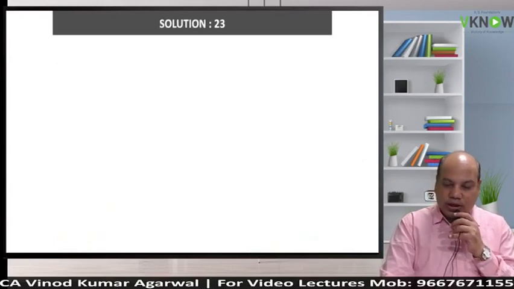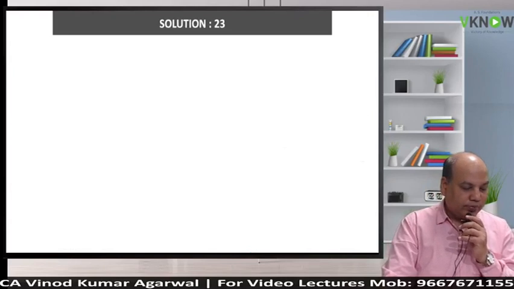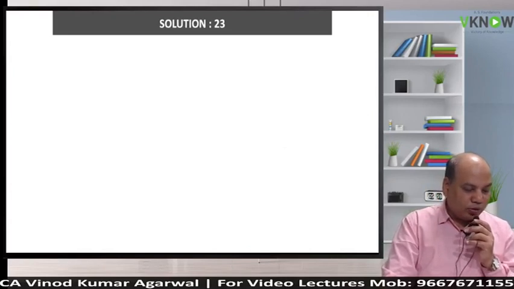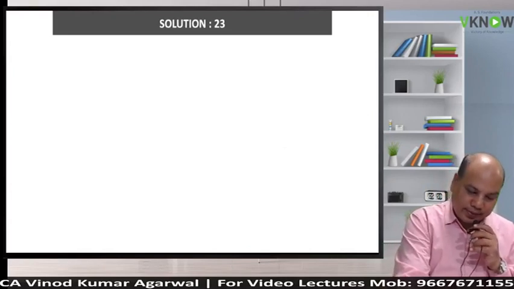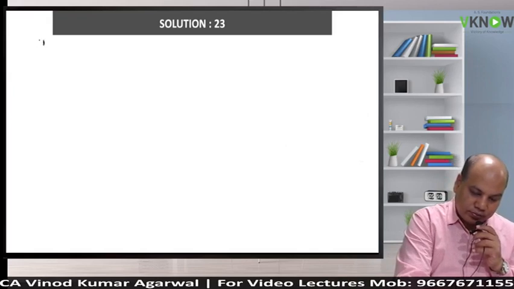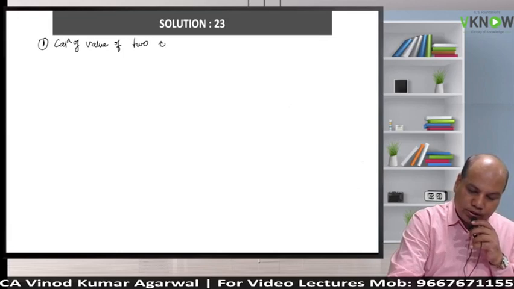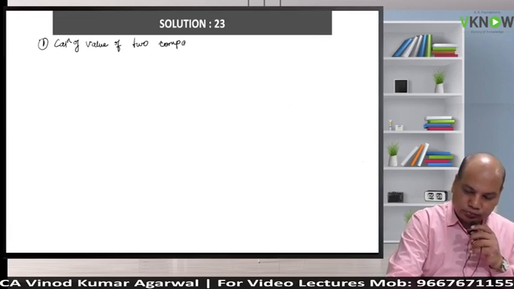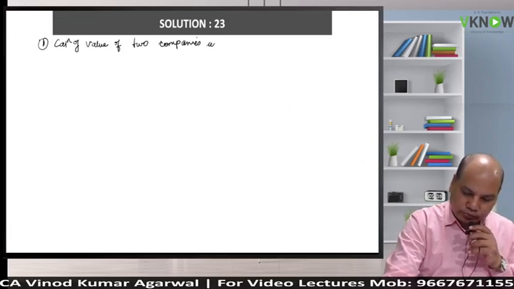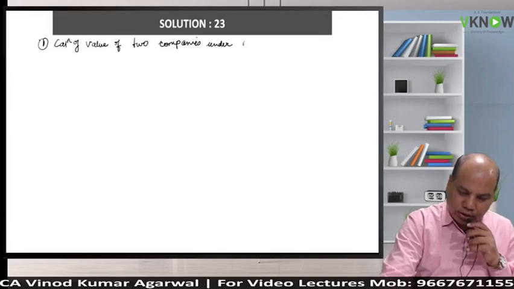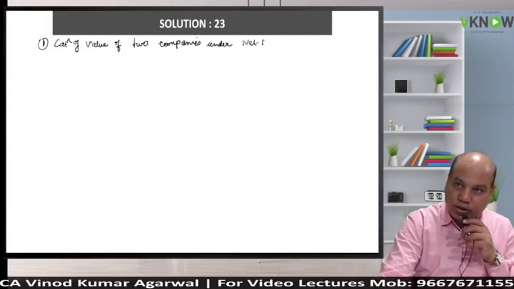Write down calculation of value of two companies. Step 1, for heading, write down first heading: calculation of value of two companies under net income approach.